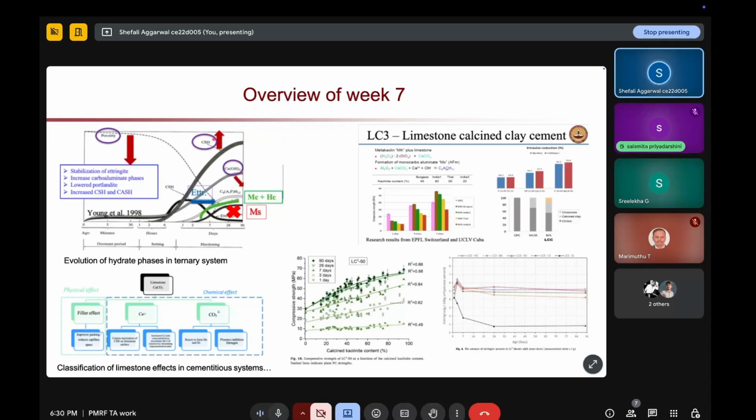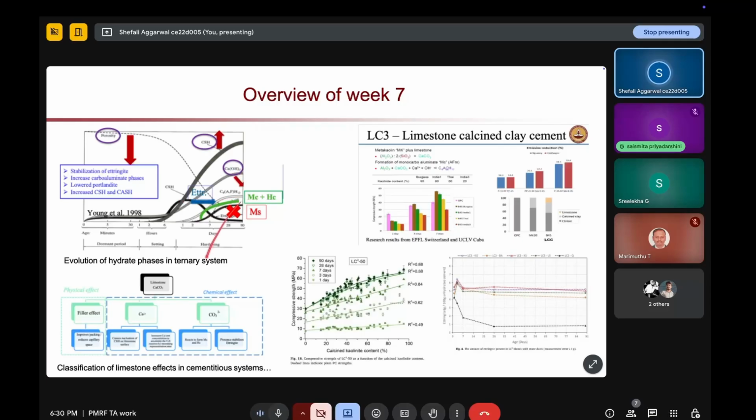So our CSH will increase, however our calcium hydroxide will decrease, which will decrease the alkalinity of the concrete system. Also, our ettringite will be stable, almost constant.